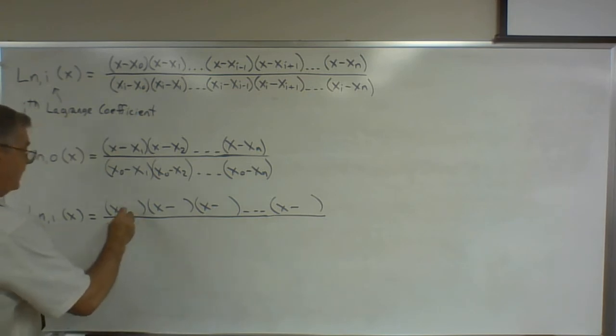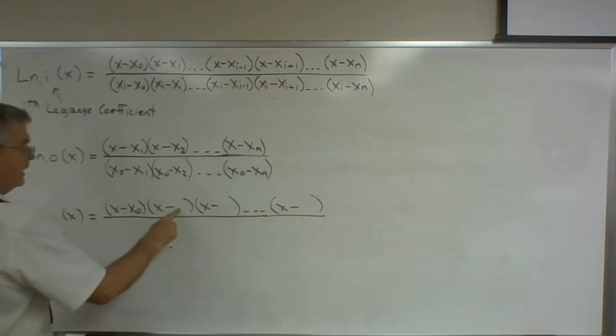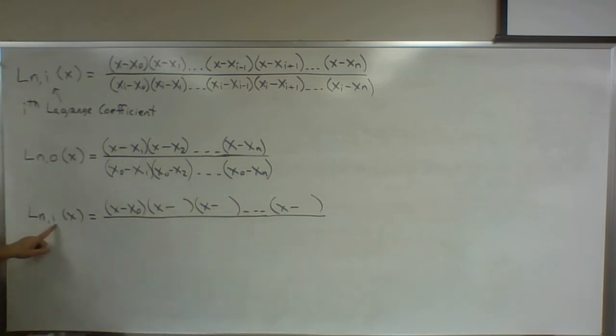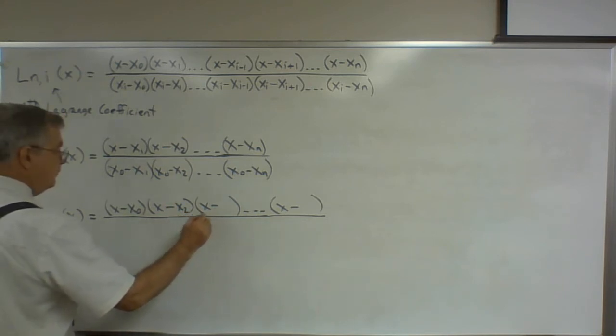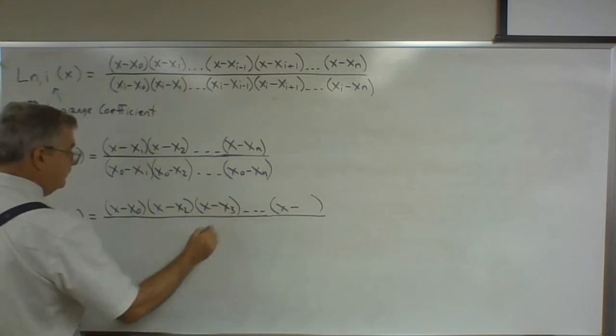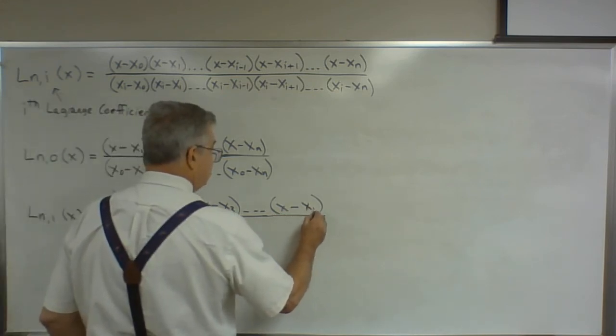So we're going to have an x minus x0. Oops, no. We don't have an x minus x1, so it's x minus x2, x minus x3, x minus xn.